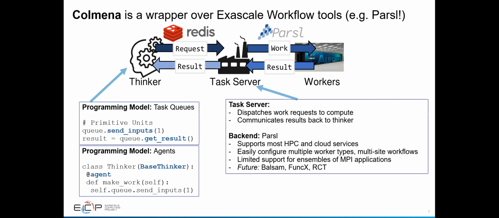So to that end, we came up with a tool called Colmena, which really at the scheme of things is just a wrapper over exascale workflow tools, namely Parcel, that allows you to program these steering processes as a series of interacting agents that interface with a supercomputer via a task queue system, with the idea that you write tasks to send to some sort of workflow engine like Parcel that executes your data remotely on a supercomputer, and then the results eventually trickle back to the thinking algorithm, which can then decide what sort of new work to submit based on what has completed.